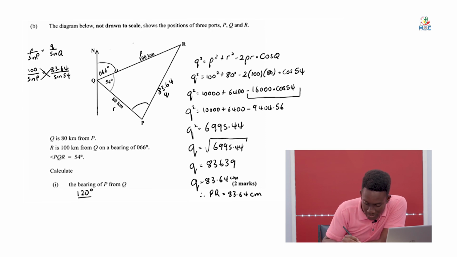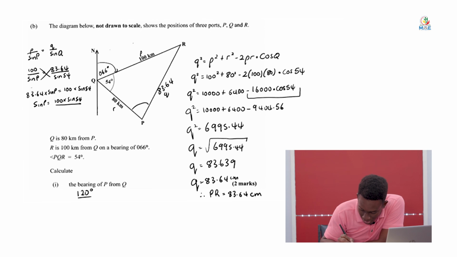So we cross multiply, so it will be 83.64 multiplied by sine P is equal to 100 multiplied by sine 54. And then we can say sine P is equal to 100 times sine 54, all divided by 83.64.